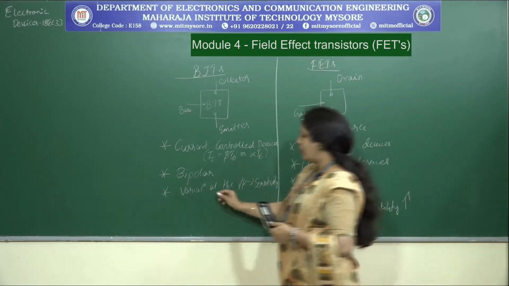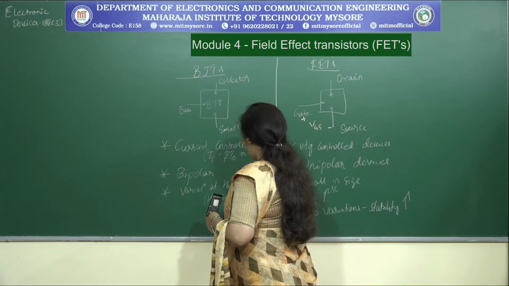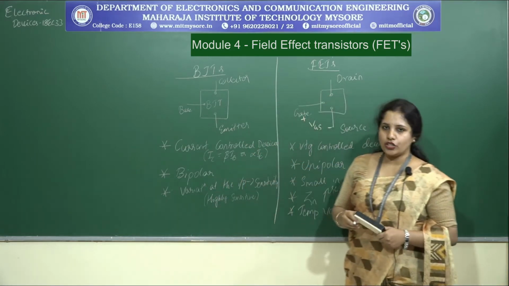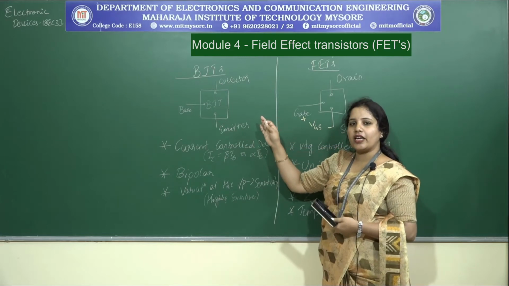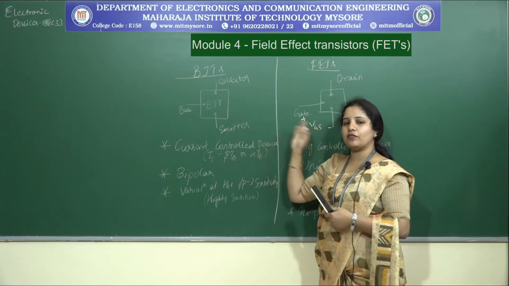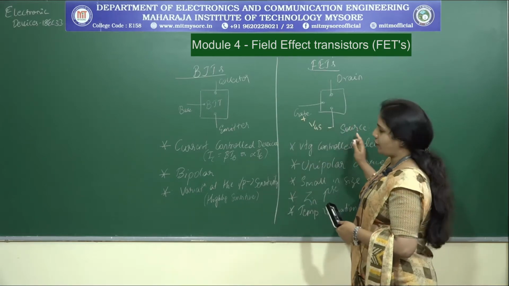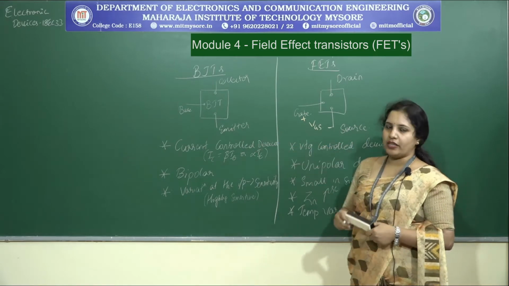I can say that BJTs are highly sensitive to the variations seen in the input. So as soon as you see changes in the input, that will be replicated in the performance of the device, and the same can be observed at the output end as well. Whereas when I consider the FETs, they are not that sensitive when compared to that of BJTs.